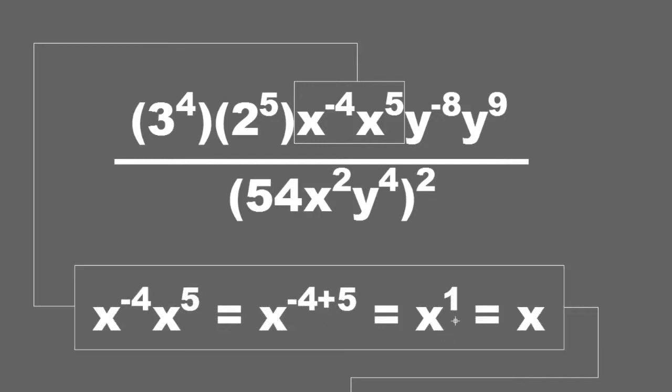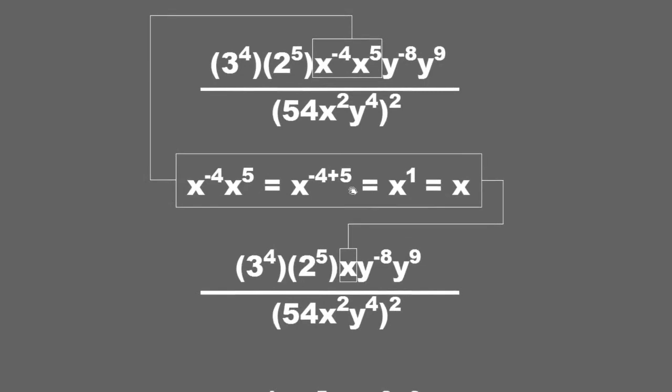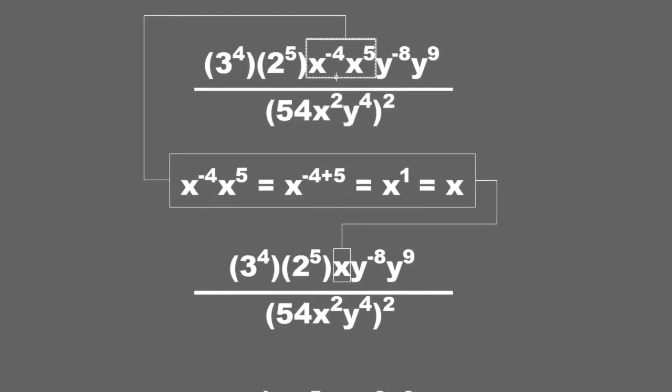So x to the power of 1 is just x. I don't have to write the 1, I just say x. So where I had the two x's before, I just have an x now. I multiplied together these two x's, the result was simply x, and I put x in there instead of the other two x's that I had before.